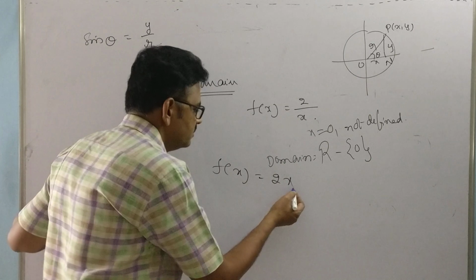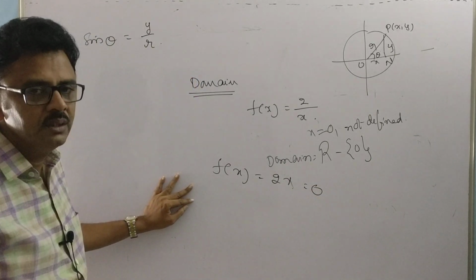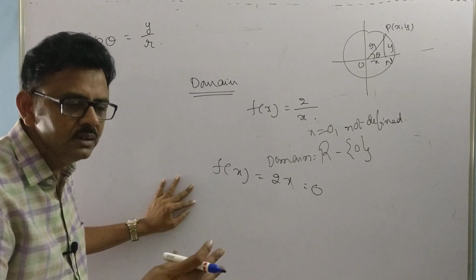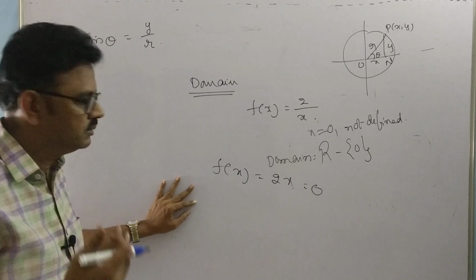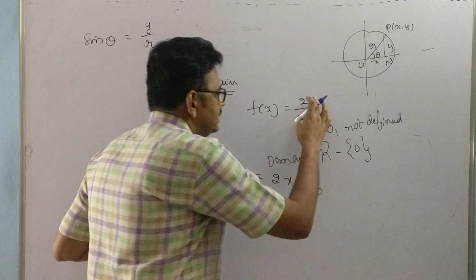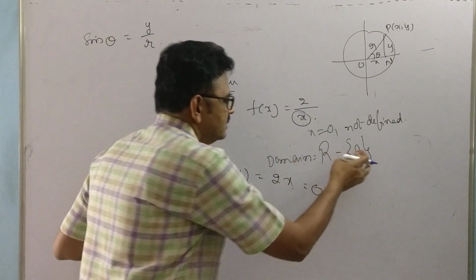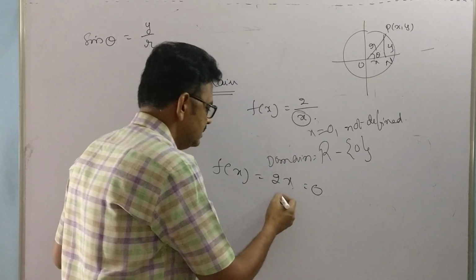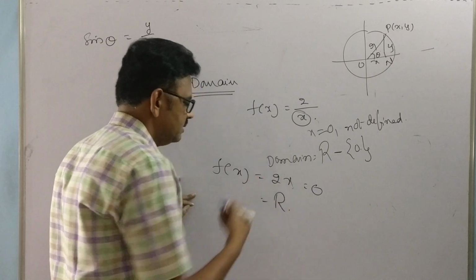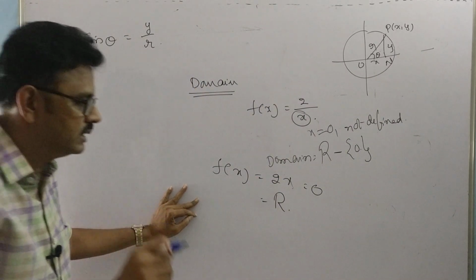If x equal to 0, the value becomes 0. You can write any real number and get some value, using a calculator if needed. But for 2 by x, at x equal to 0 it is not defined. Here the domain is the set of all real numbers minus 0. Here the domain is the set of all real numbers. That is called the domain of the function.